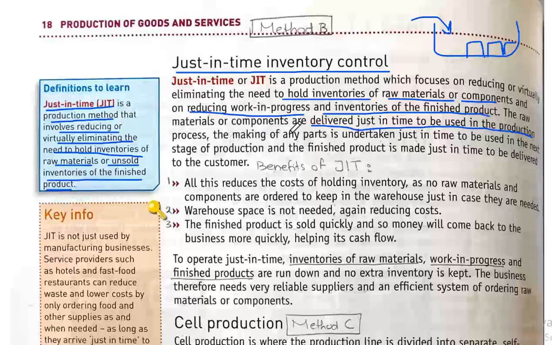The making of any part is undertaken just in time to be used in the next stage of production, and the finished product is made just in time to be delivered to the customer. So once the customer orders, I will order raw material, but I do not hold any inventory. That's why it's called just in time. Once the customer orders, I will ask the supplier to provide me with raw material just when I need it.